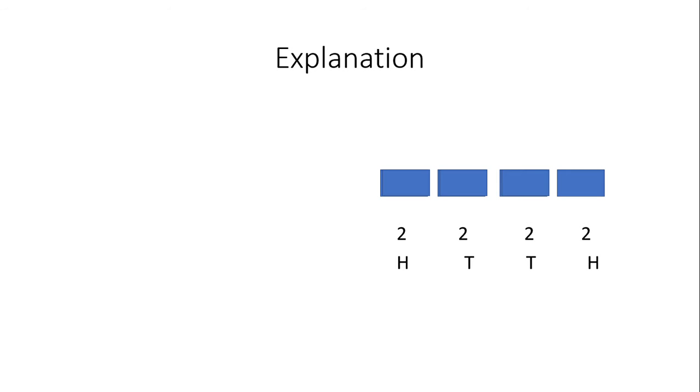As 100 flips is a large case, let's assume that we have only 4 flips here, and these blue boxes each represent one flip. Each flip can have two options: either one head or one tail.